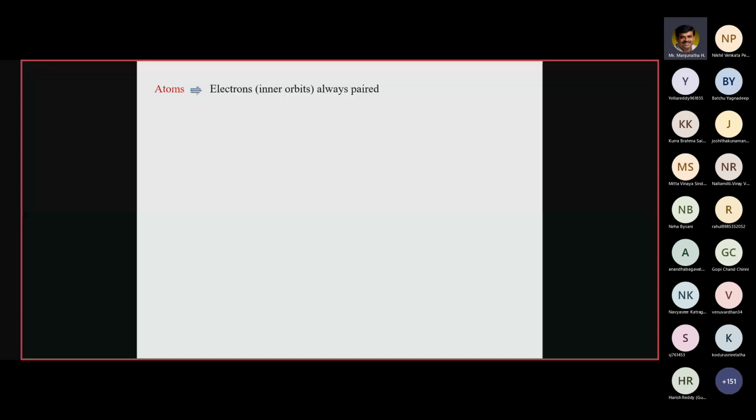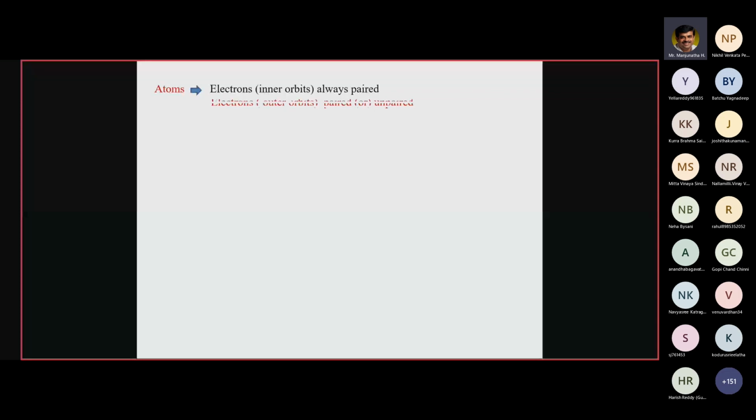In conductors and semiconductors, the electrons we are talking about are the outermost electrons, the electrons in the outermost orbit. But the electrons in the innermost orbits are always paired, with 2 electrons in one energy level. Only when you come to electrons in the outermost orbits, they may be paired or unpaired.